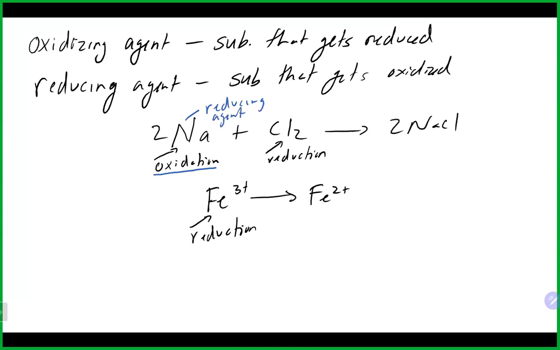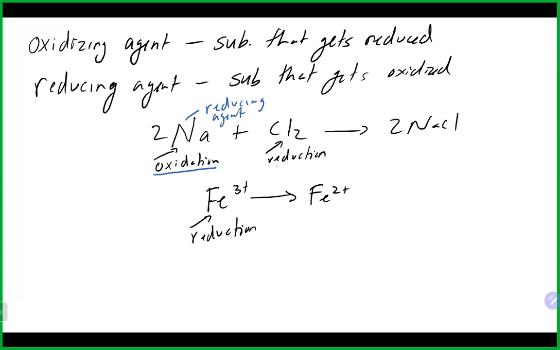The reason it is called the reducing agent is when it loses electrons and goes through oxidation, somebody else will have to gain those electrons and get reduced. So it is causing somebody else to become reduced when it releases its electrons. That's why it's known as a reducing agent.